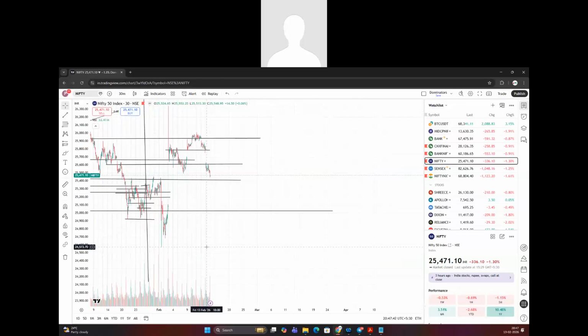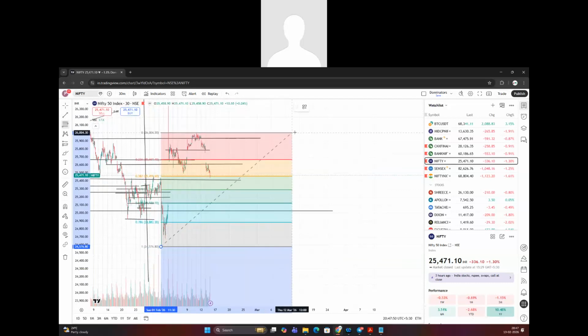This is low, 24,573. 26,000 is the, so it has perfectly touched 0.382, right? So as I told you, if it is able to cross 0.382, so no matter what, it has to come touch 0.5.